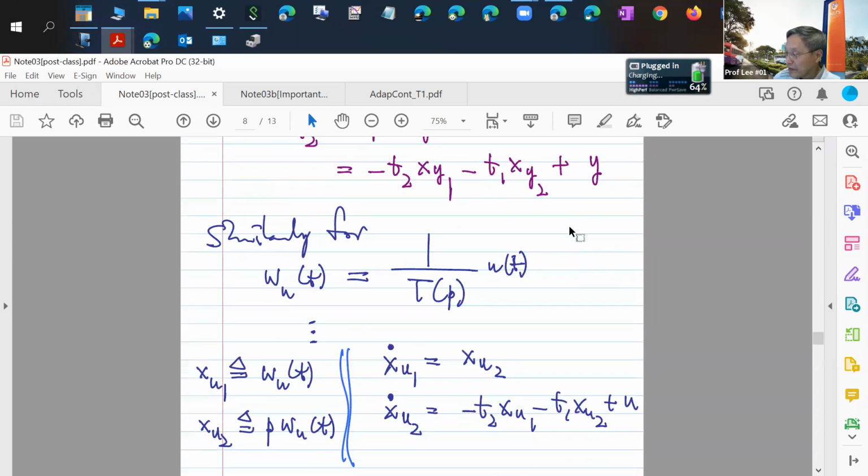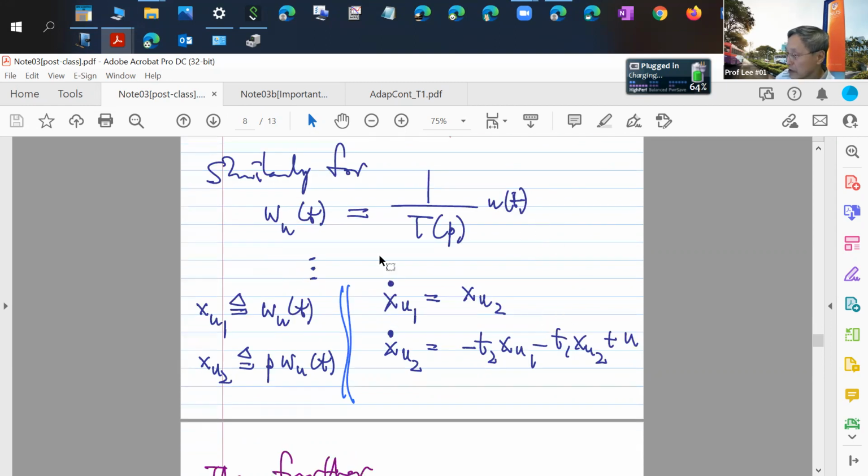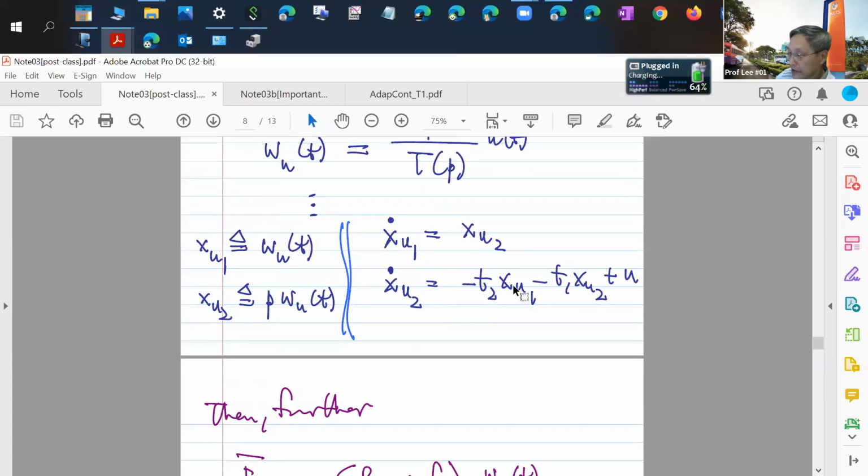Similarly, you told me you can measure U. Of course, you can measure U because you are the one computing and using it. So similarly, you also construct a 1/T filter, pass U through it, and call the output omega sub U. Similarly, set it up in controller canonical form. Very straightforward, and you get this.